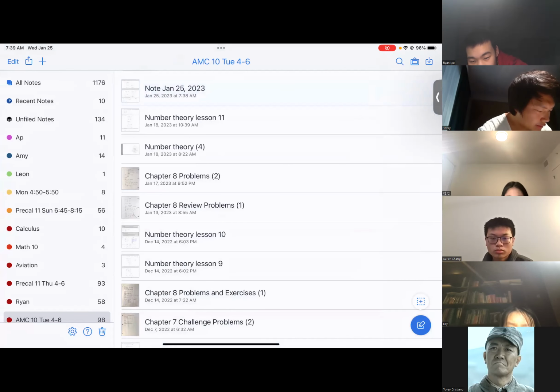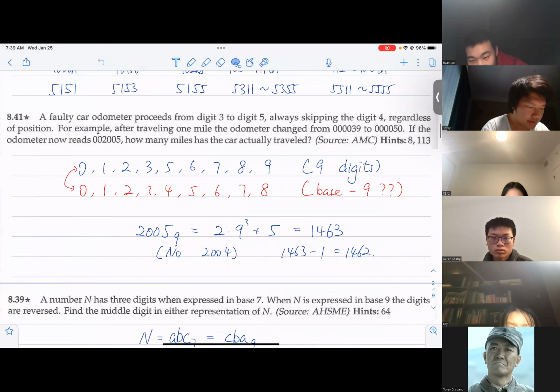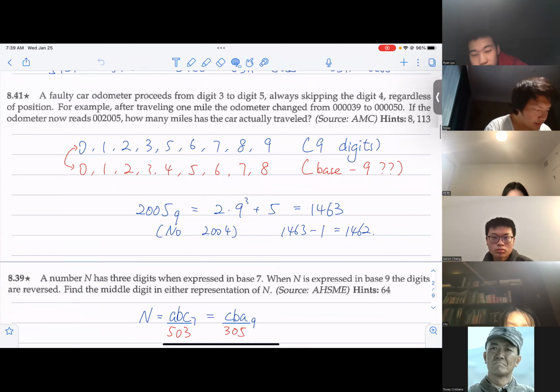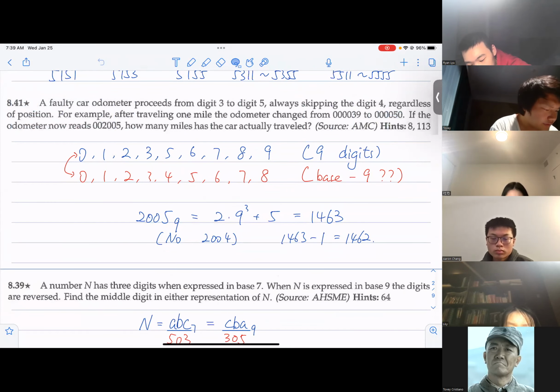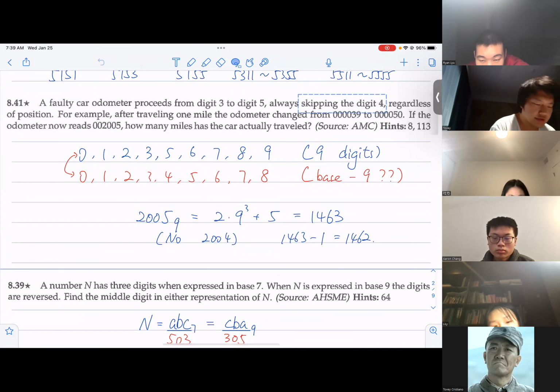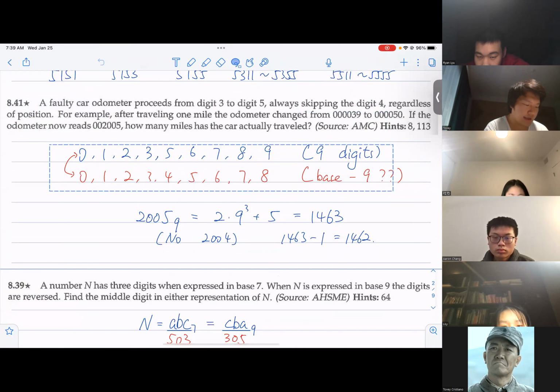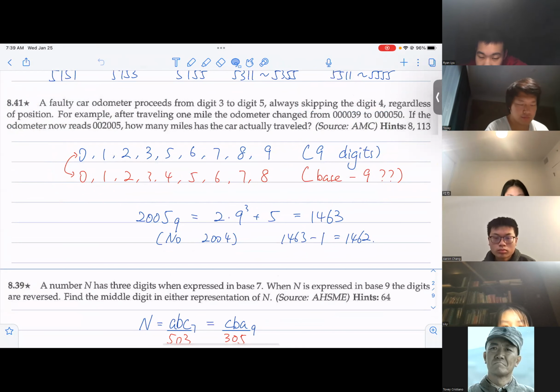Remember, previously we have done some similar questions. Let's have a look, trying to bring back some memories. For example, 841. Remember, this is basically a base 10 system without a digit 4, right? As we explained before, if you're skipping 4, you only have 9 digits, then it just seems to be a base 9 system, right?